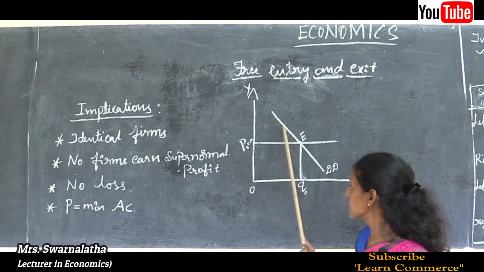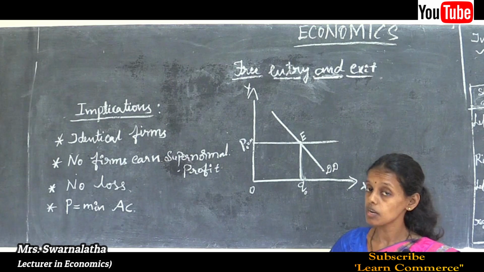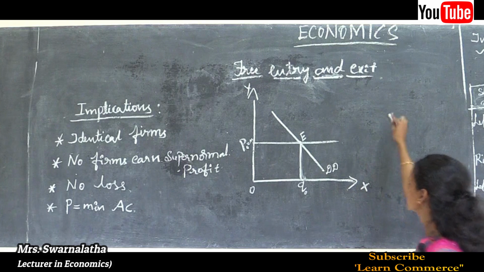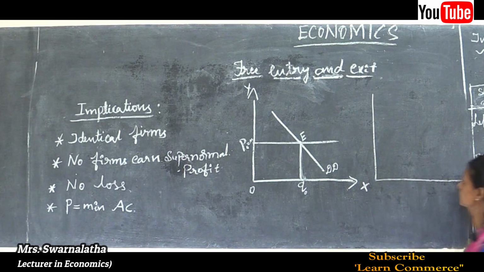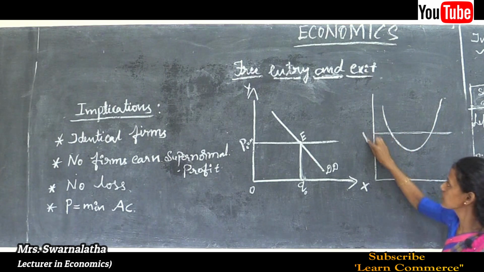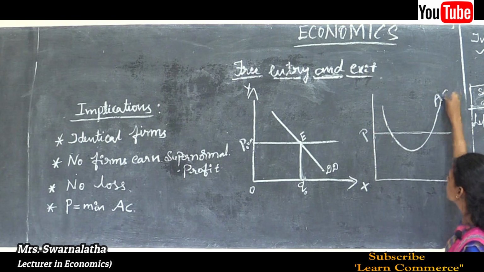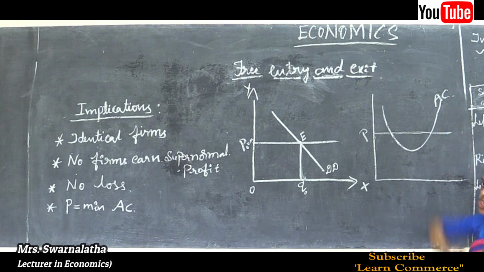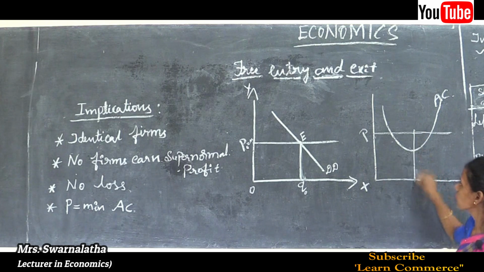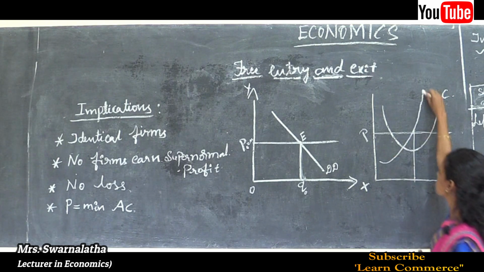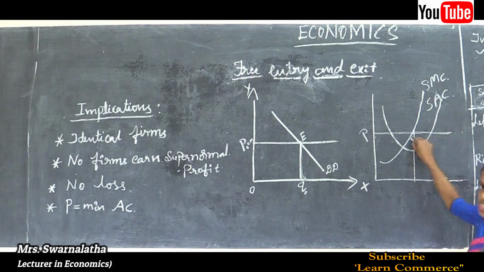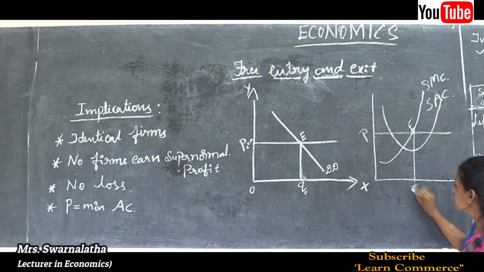So, such conditions, the shutdown point. Suppose the price is less than the minimum AVC, what we studied in the previous chapter. When the price is below the minimum AVC, this is P, the price line, and this curve is the average cost curve. Remember, we studied short run marginal cost and short run average cost, and E is the equilibrium point.